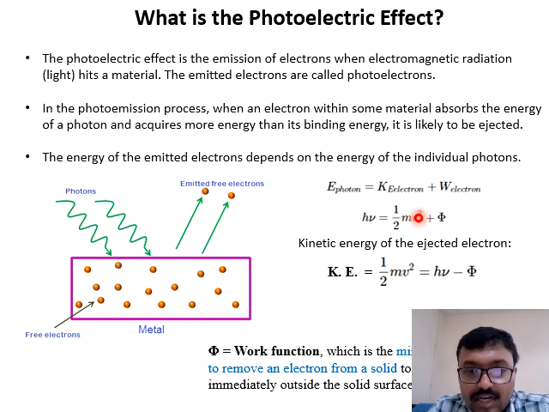So kinetic energy of the electron plus work function will be equal to h nu. It means the energy coming and hitting the surface is distributed: it removes the electron from the surface, and it provides kinetic energy to the electron. That is the photoelectric effect.